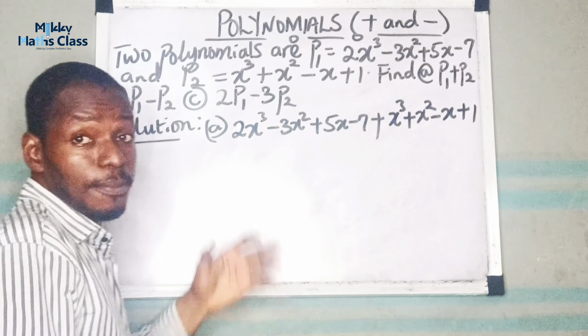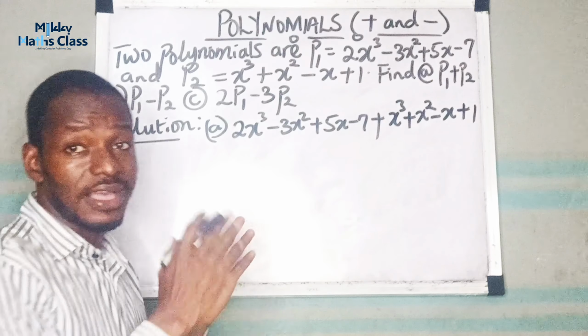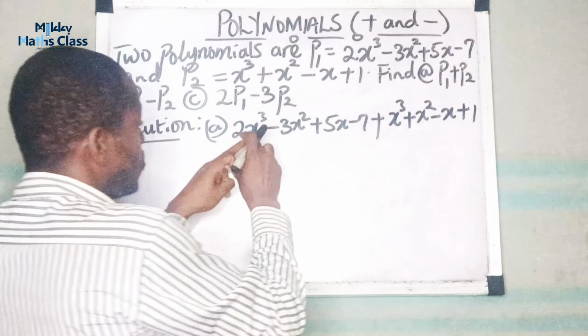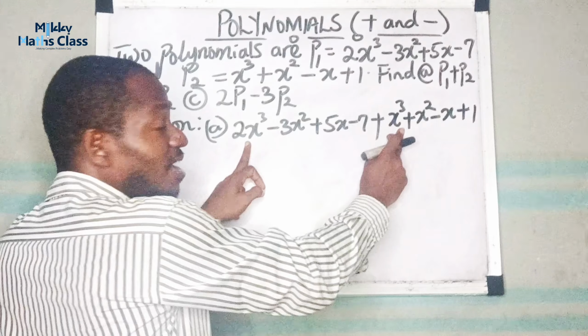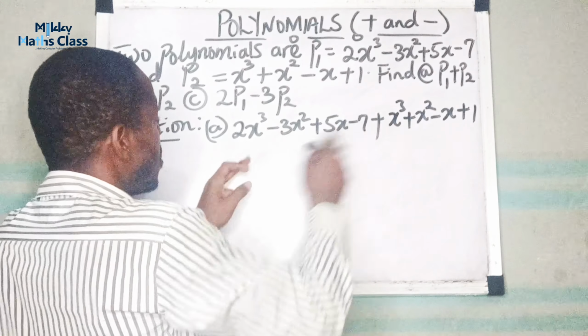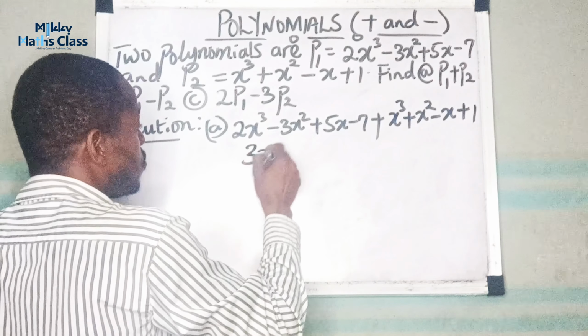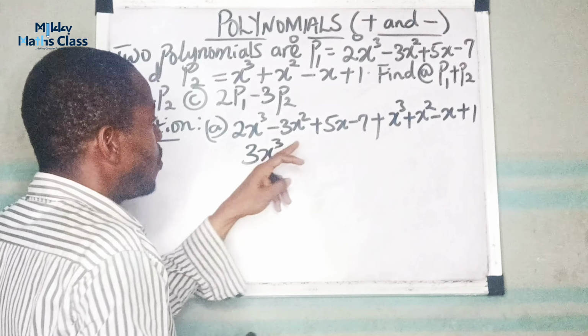Now we bring the terms that have the same power and add them together. This is 2x raised to the power of 3, this is x to the power of 3, so 2 plus 1, that's 3x raised to the power of 3.